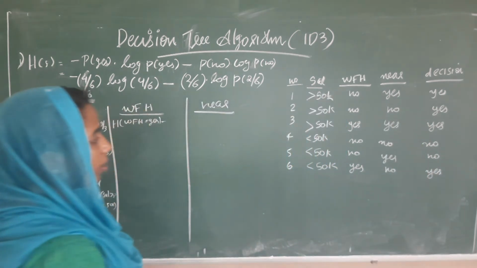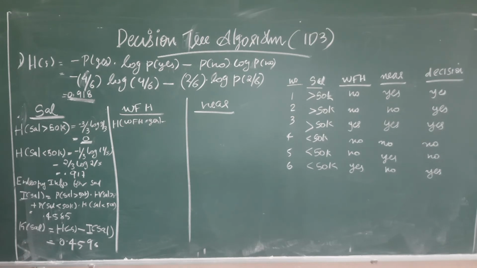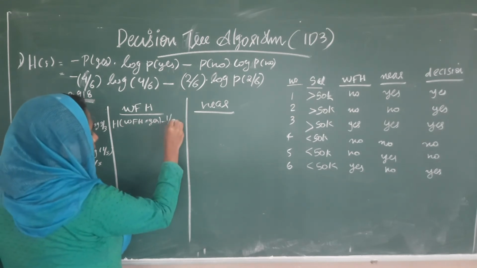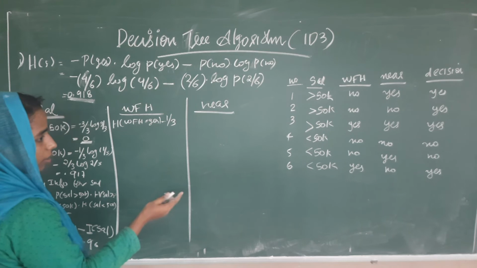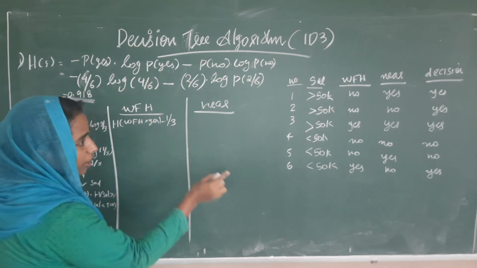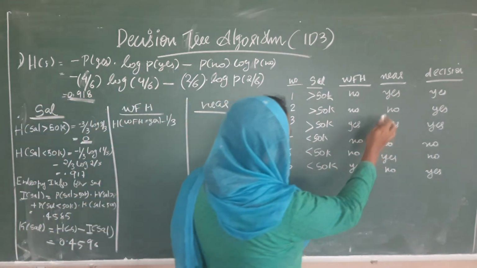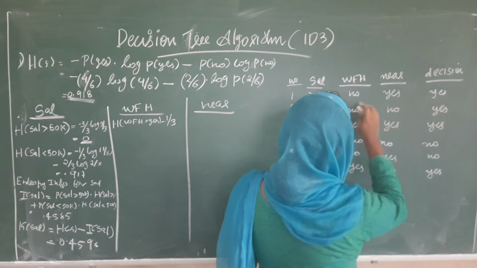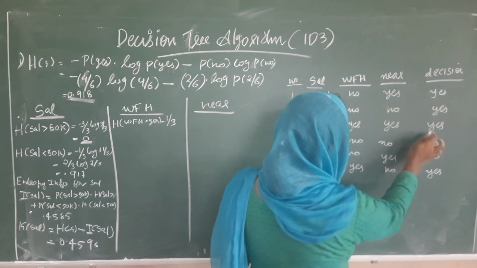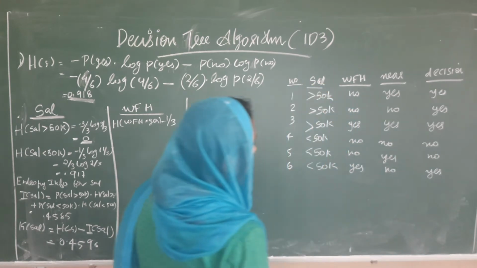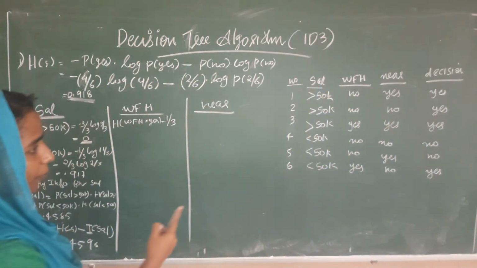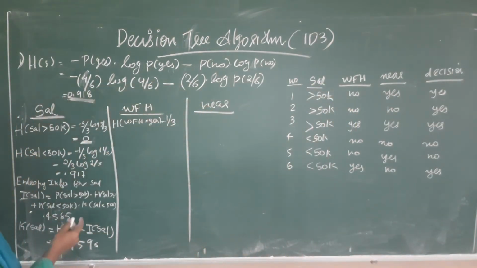There is one, the probability is like 1 by 3 chance that he is not accepting the offer. For work from home, in both the cases when work from home is yes, he is accepting the offer.